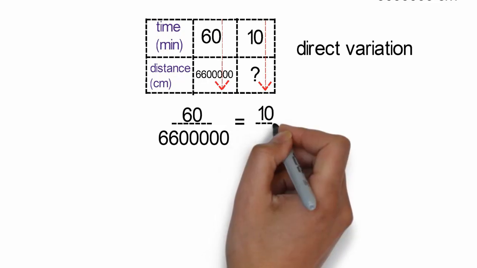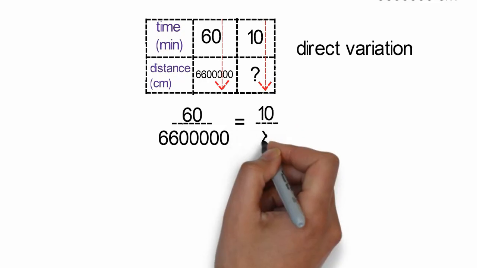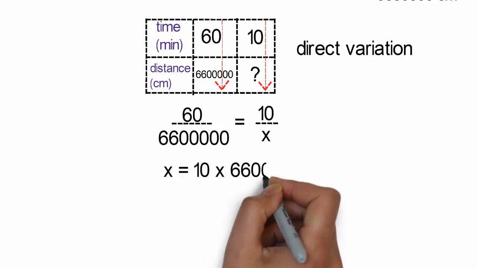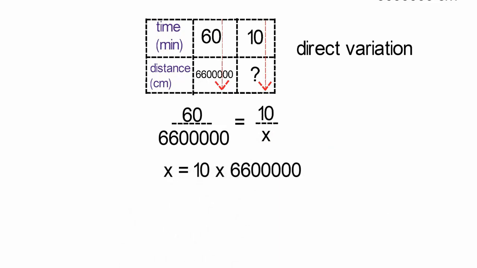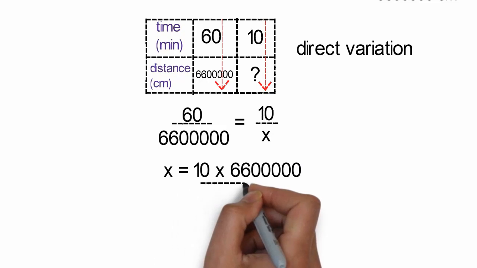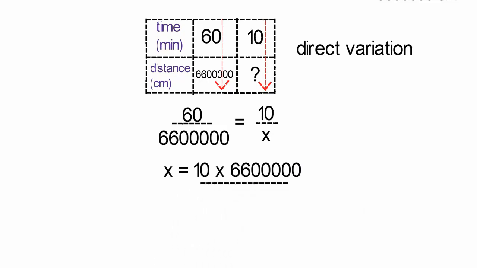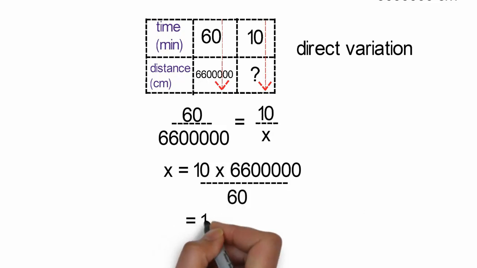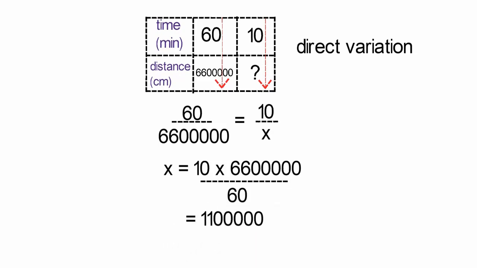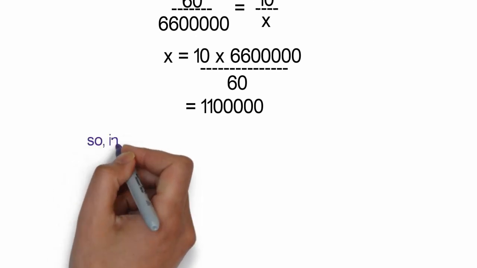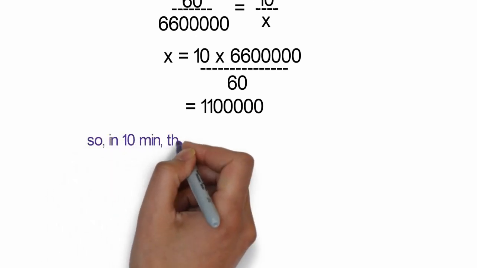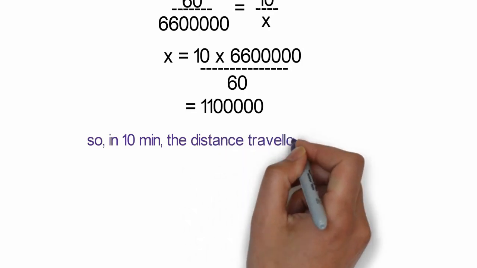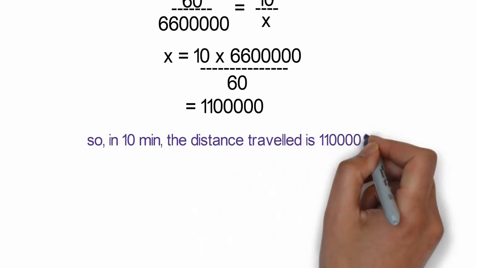This is the distance which we have to find. Cross multiplying, we get 10 into 66 lakh divided by 60. After calculation, we get 11 lakh. So what is x? In 10 minutes, the distance traveled is 11 lakh centimeters.